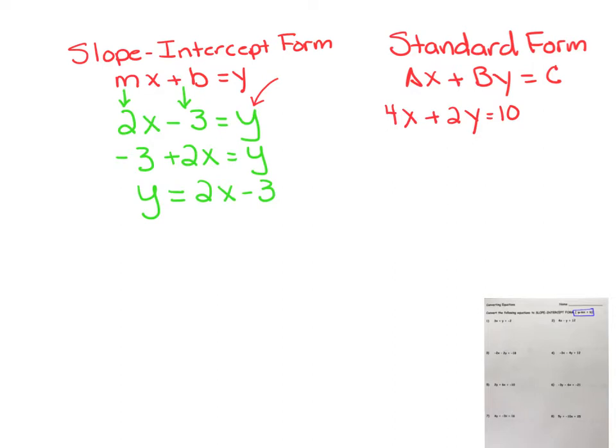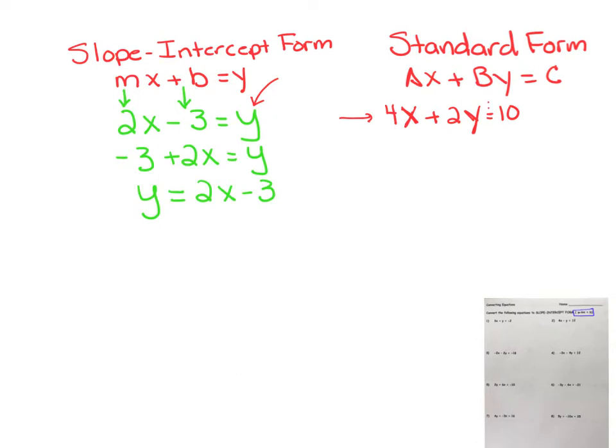For our equation 4x plus 2y equals 10, you can see that the x and the y term are on the same side of the equation. This is not in slope-intercept form. We cannot identify the slope or the intercept at all.